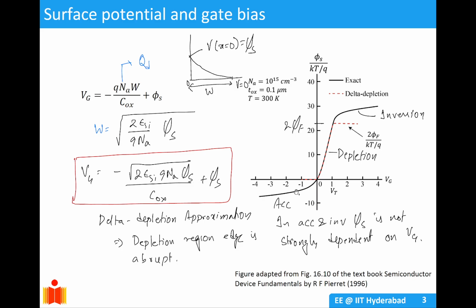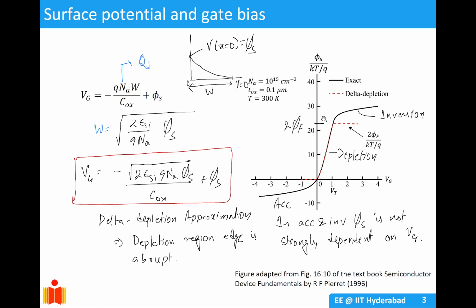And if you plot this, you will get it like this. So this is the accumulation region. This is the depletion region till 2 phi f.